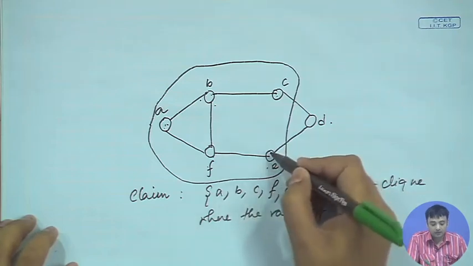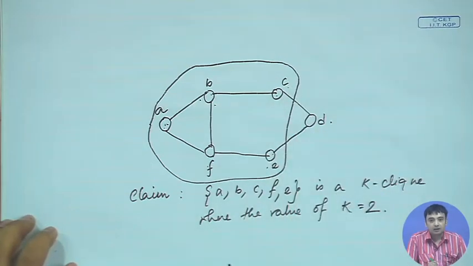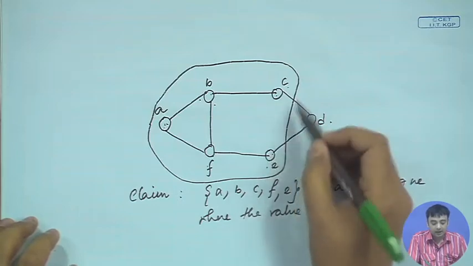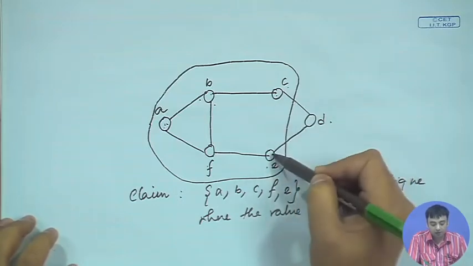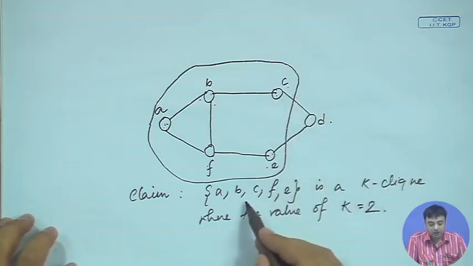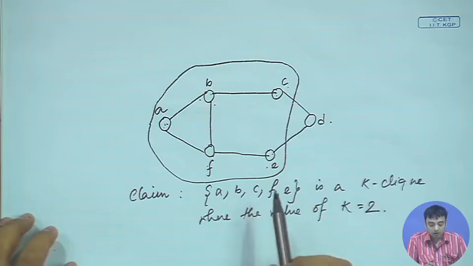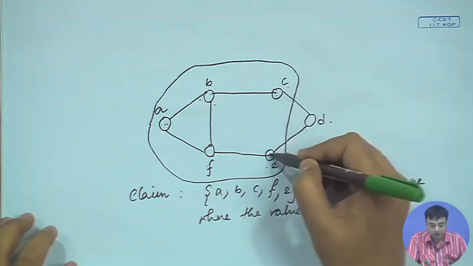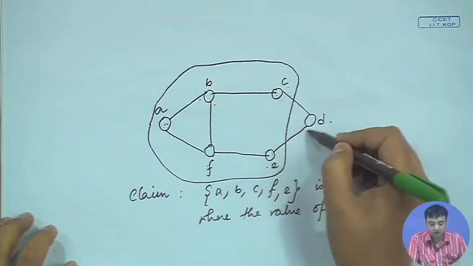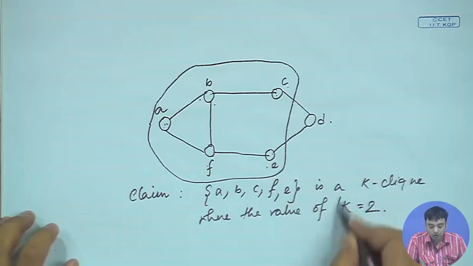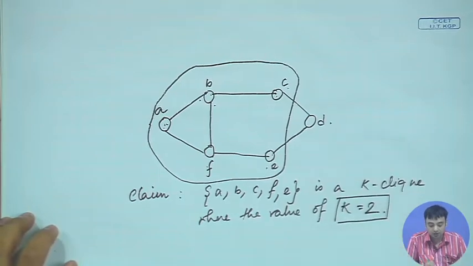Now, what happens between C and E? If you look between C and E there is actually a path of length 2, and since your definition does not restrict you so that you cannot count this path, K becomes equal to 2.